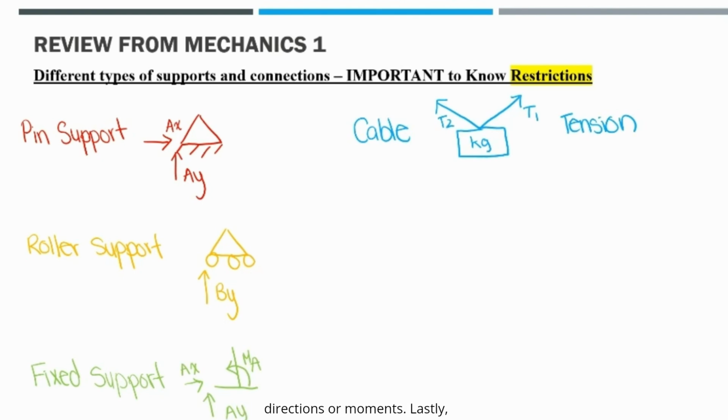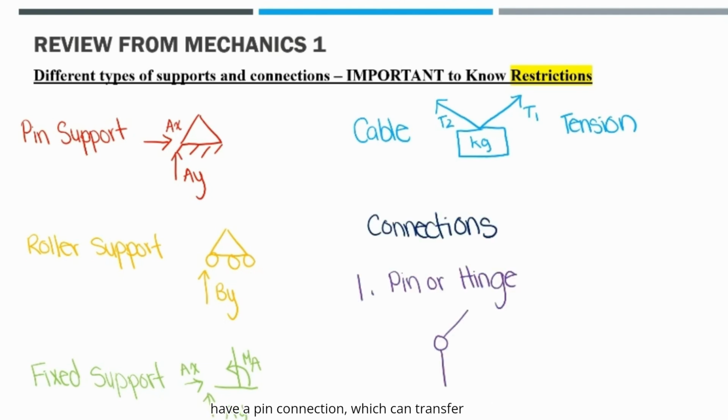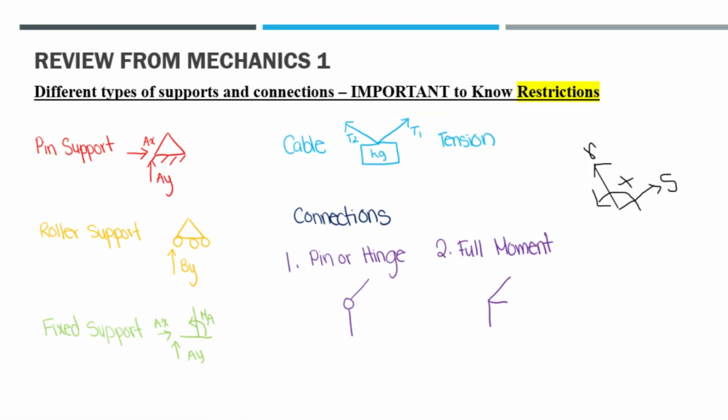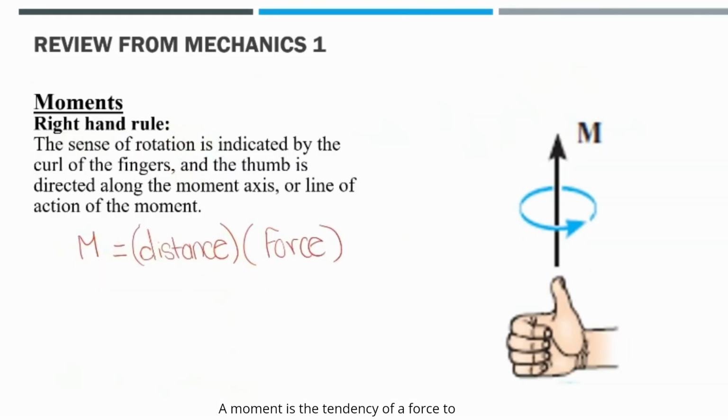Lastly, we have our connections. We can either have a pin connection, which can transfer forces in X and Y, but not a moment, or a full moment connection, which can transfer forces and moments. This example operates in a simple X and Y coordinate system, but we can also have a different coordinate system like S and R. A moment is the tendency of a force to cause rotation around a specific point, and its direction, clockwise or counterclockwise, is determined by the force's orientation relative to the pivot point.